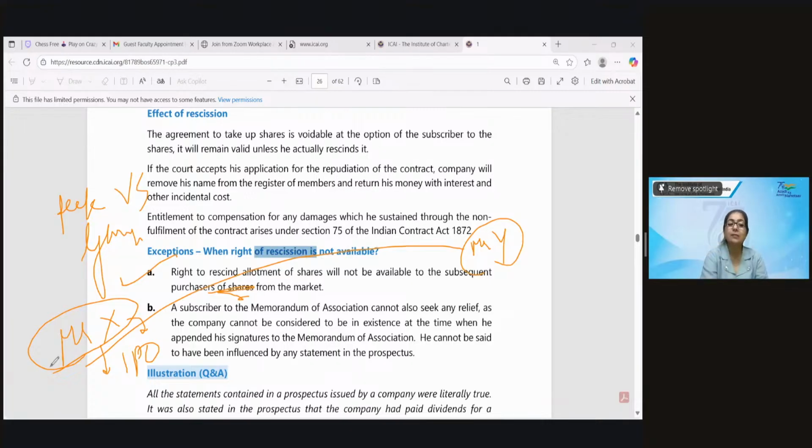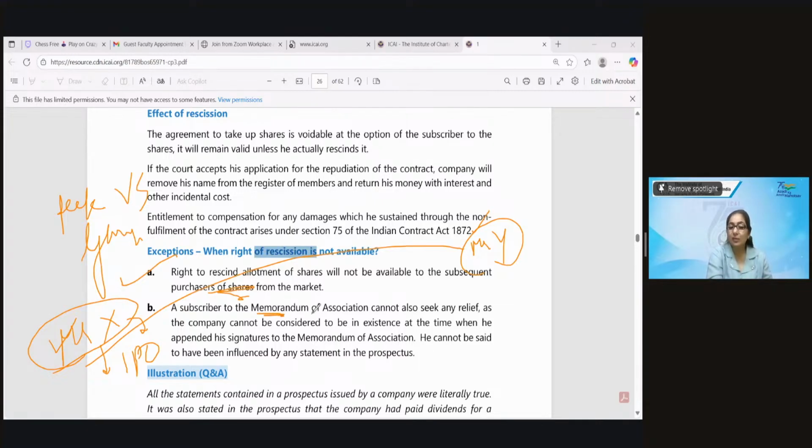So law says Mr. X has a right to cancel the contract because he has purchased the shares on the basis of prospectus. Y को थोड़ी ना prospectus पढ़ना है. अगर मैं IPO में जा रही हूँ तभी तो मुझे prospectus पढ़ना है, IPO या FPO या OFS में या राइट्स इशू बोनस इशू में. अगर मैं मार्केट से शेयर परचेज कर रही हूँ फिर थोड़ी ना मुझे प्रोस्पेक्टस पढ़ने की, मैं तो किसी से शेयर ले रही हूँ. So I am buying on the trust of that person. Then I don't need to cancel the contract.